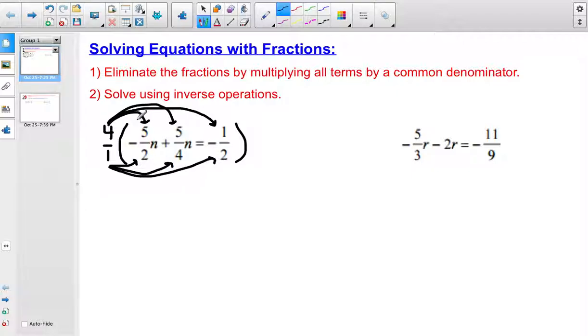So now I'll have 4 times 5, which is 20, and 1 times 2, which is 2, and I keep the negative sign. Then I have 4 times 5 again, which is 20, and 1 times 4, which is 4. I keep the plus sign between them.